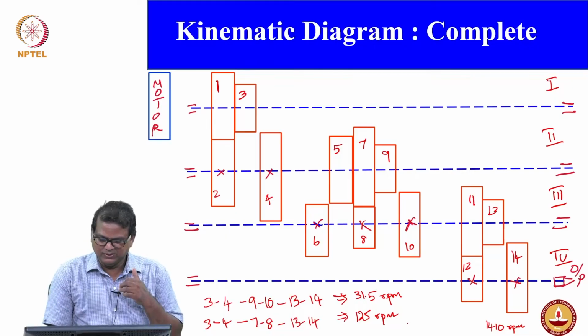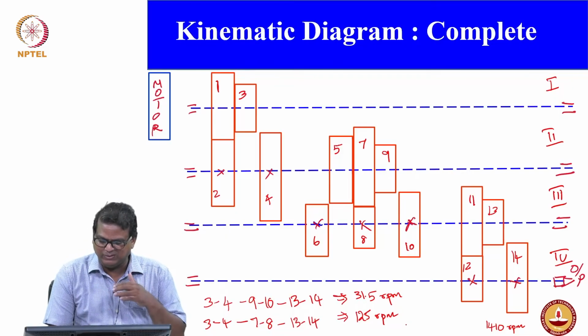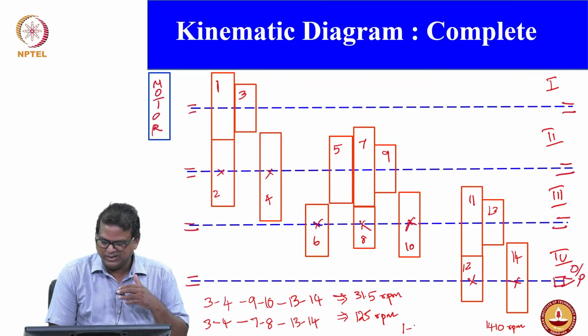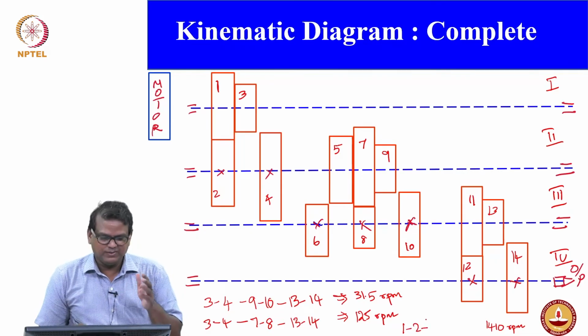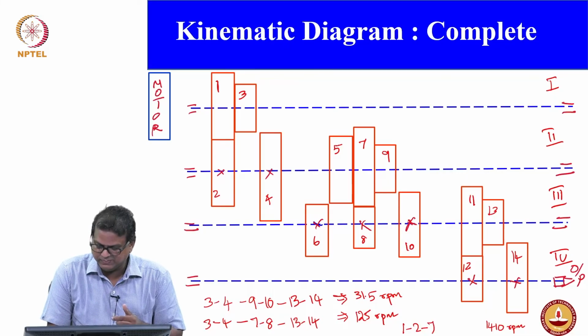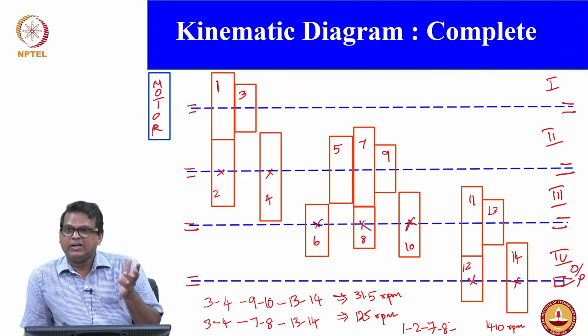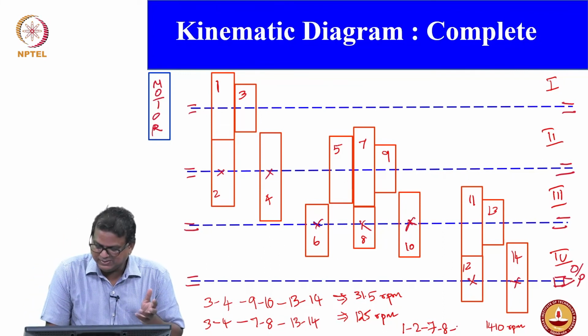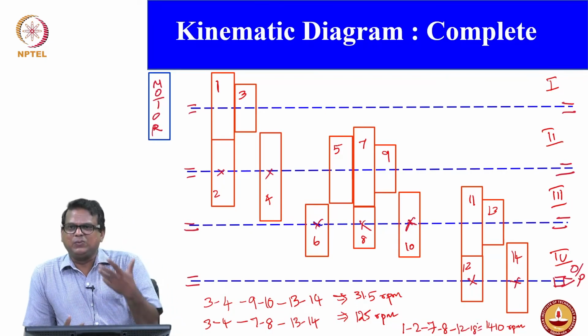Okay, excellent. So we'll go slowly. Gear 1 and 2 should mesh. Then from here it should be 7-8. Because 8 is the highest speed. 7-8. Excellent. Then 11-12. Can you see that? So in the last class, someone answered you needed 20 gears.